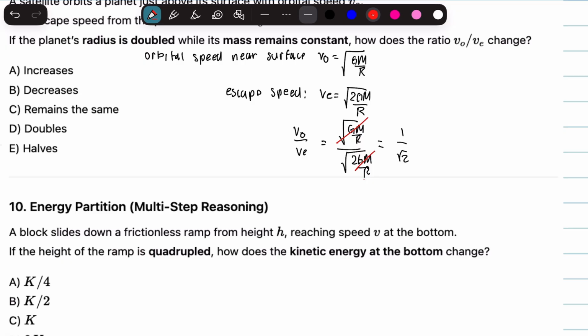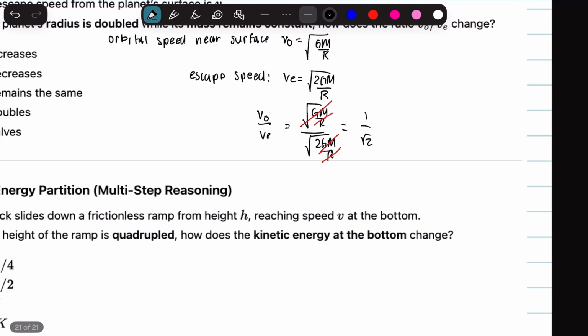Because we can see that those cancel out, we're just left with that.